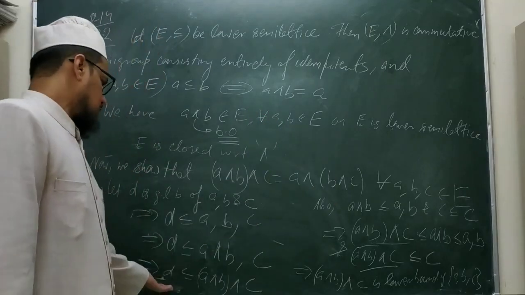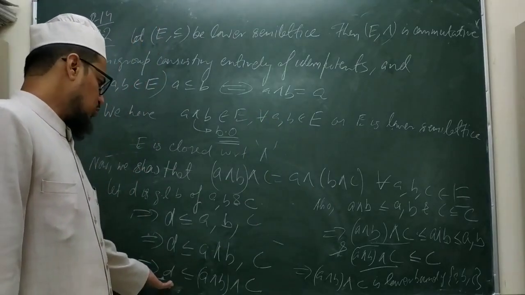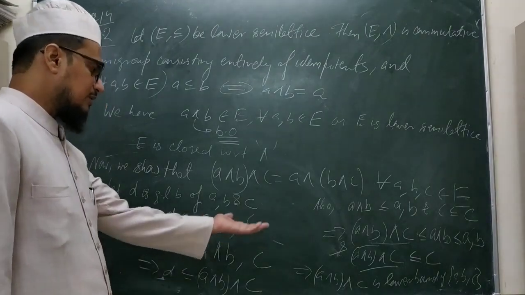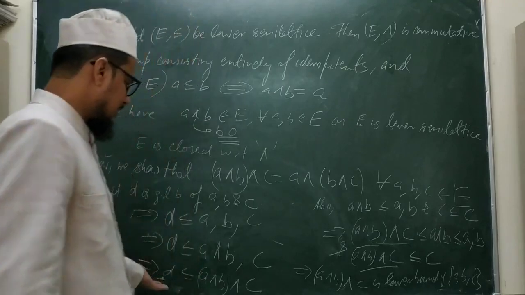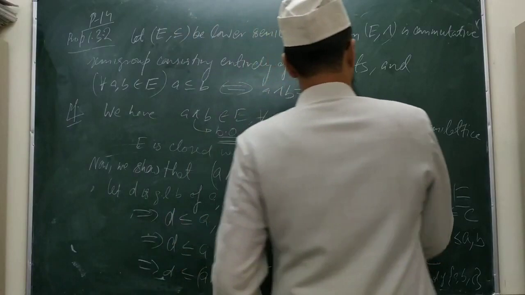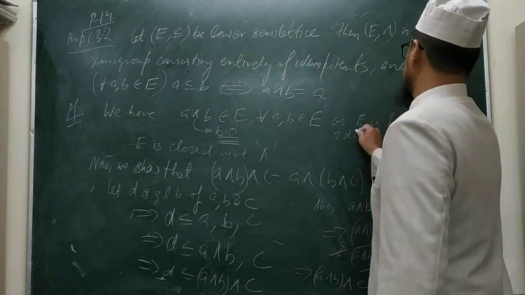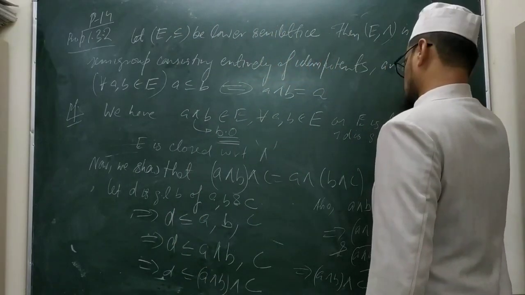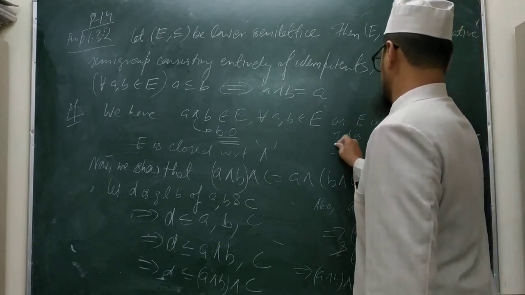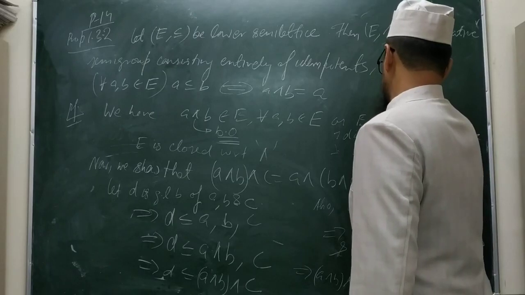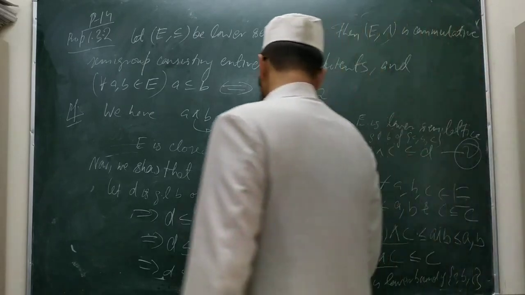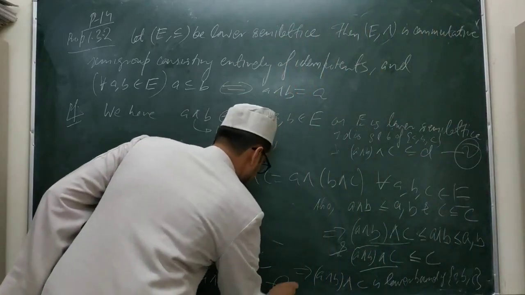And being lower bound of this, it is the lower bound of this. So it means that, and D is what? D is the greatest lower bound. So you just write since D is greatest lower bound of A, B, C, therefore you have A meet B meet C is less than or equal to D. So now you just combine these two inequalities, 1 and 2.